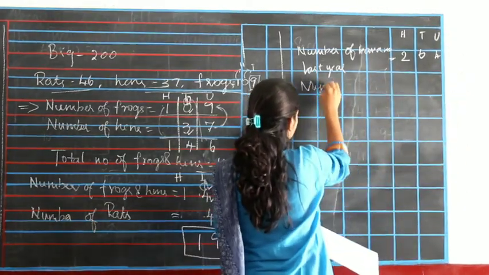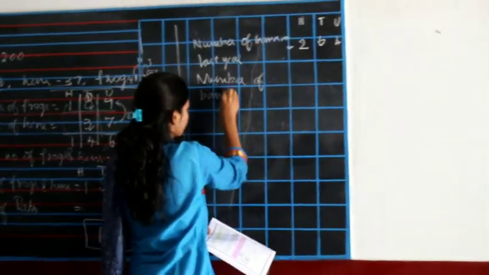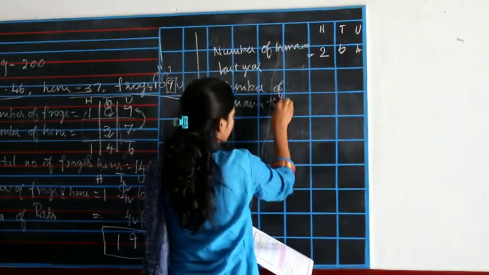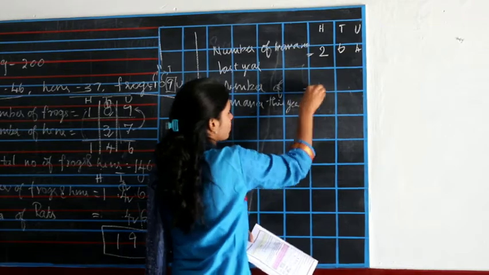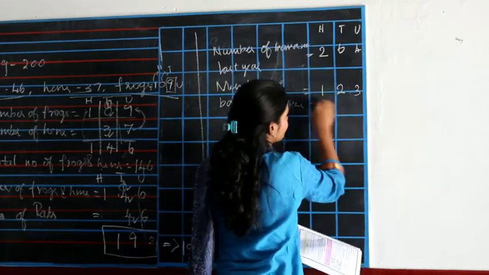The number of bananas this year will be 123.